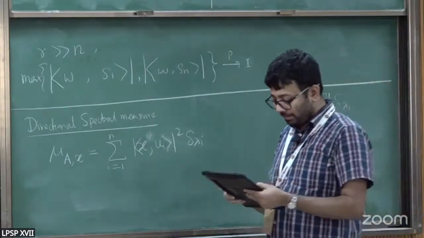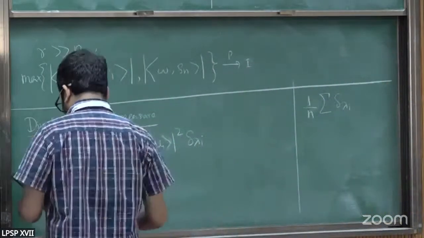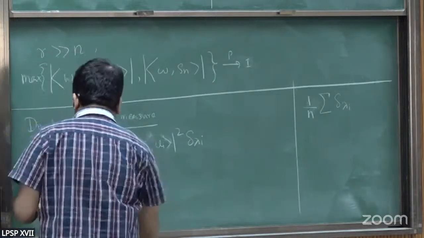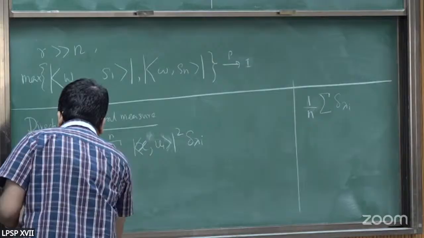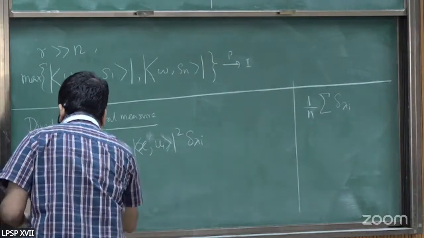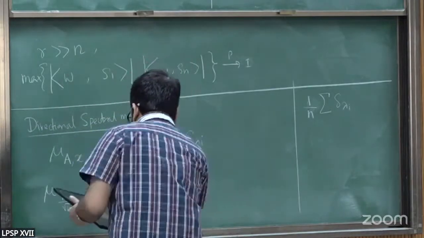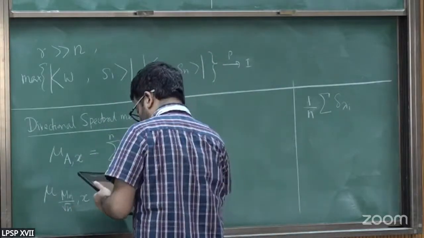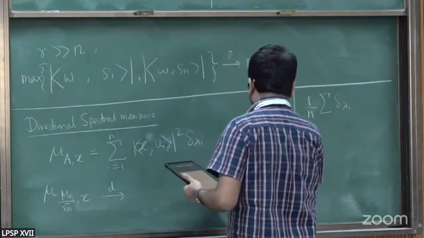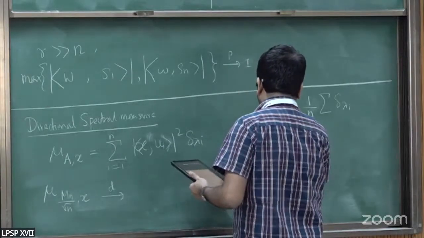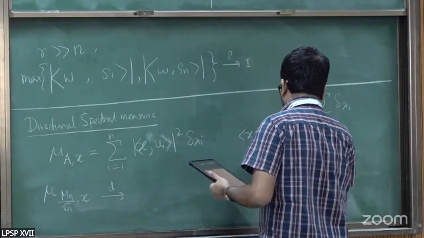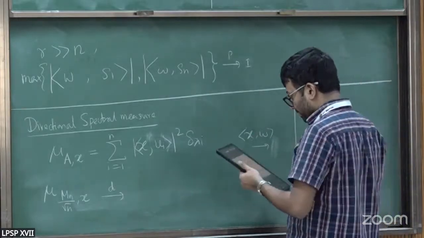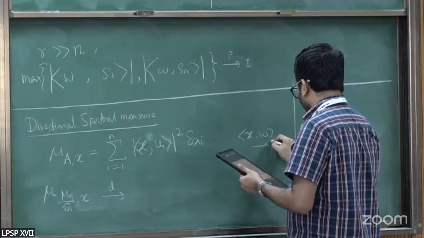It turns out that if you look at the directional spectral measure of this matrix in a direction x, it converges. Let's say x and w have a limiting alignment gamma.